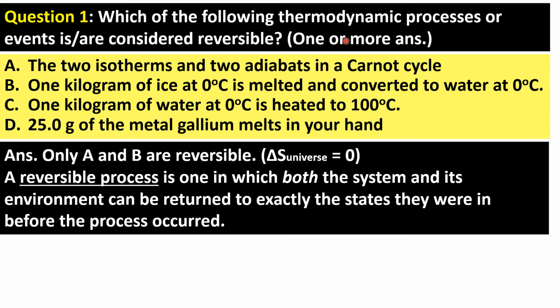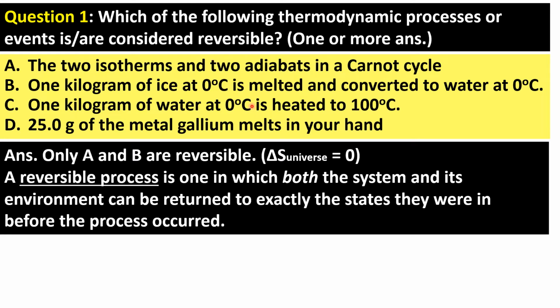So in a typical Carnot engine, there are two processes involved: the isothermal process as well as the adiabatic process. You can go to the details of the discussion of a Carnot heat engine, and you will find out that one complete cycle involves two isothermal and two adiabatic processes.